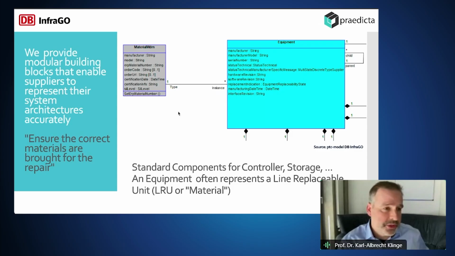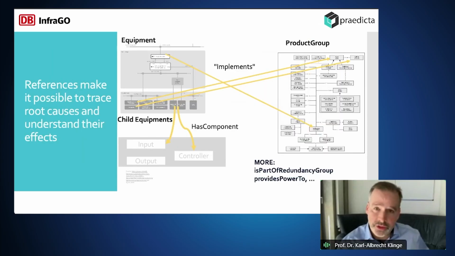On the next slide, we see the references, which is also a very important part in OPC UA. So, of course, we have the hierarchical references. As I said, with the equipment model, has component, so we have the breakup structure. But the references are really key to understanding the system when it comes to the functional, non-hierarchical references.